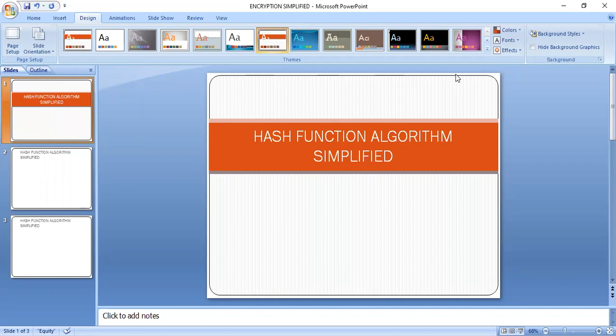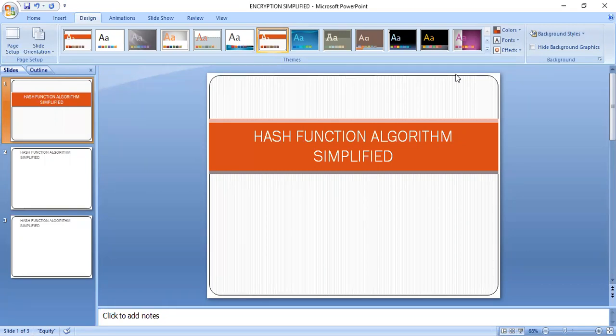I want to be speaking today on hash function algorithm simplified. Now, hash function algorithm is a type of encryption. In one of my videos, I talked about the three types of encryption we have: private key cryptography, public key cryptography, and then the hash function algorithm.